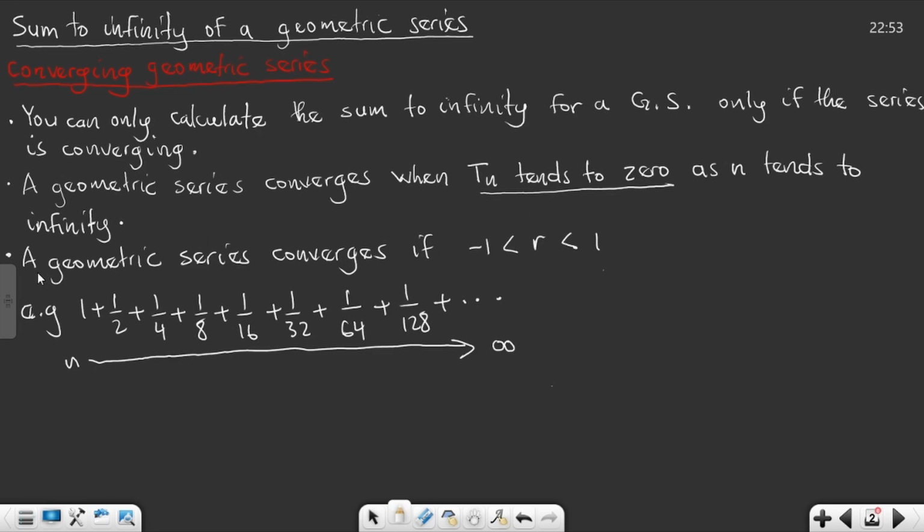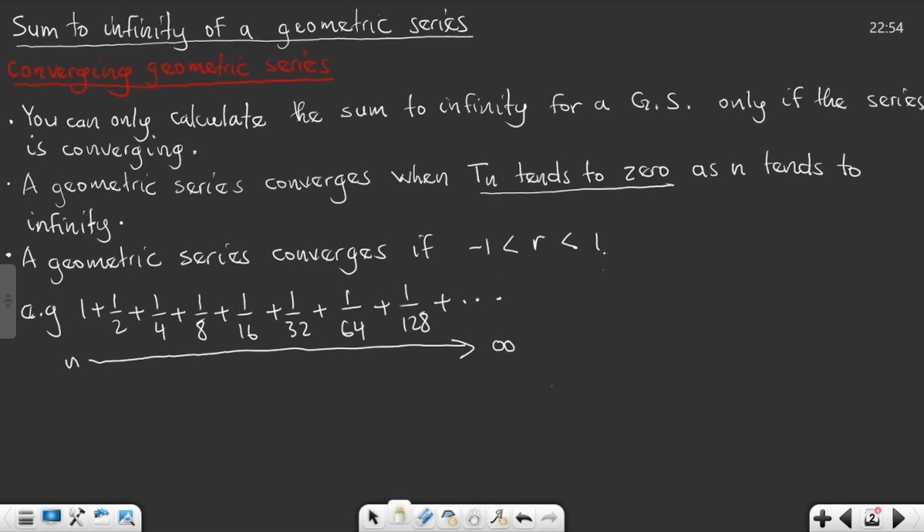And you can see we also say that a geometric series converges if the value of r is between -1 and 1. When you check what is the value of r, remember r is the common ratio. If you divide the next term by the previous term, like 1/2, you divide it by 1, you're going to have 1/2. You can try with any term. You divide it by the previous, you're going to have 1/2.